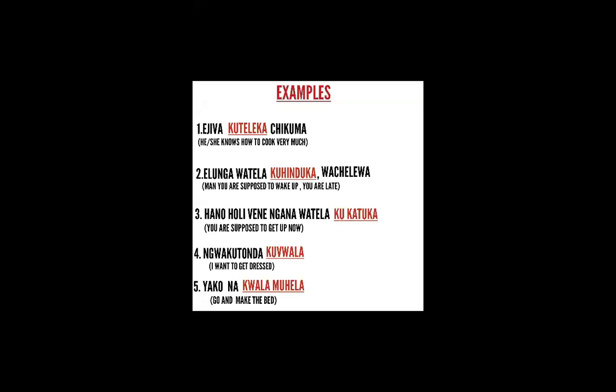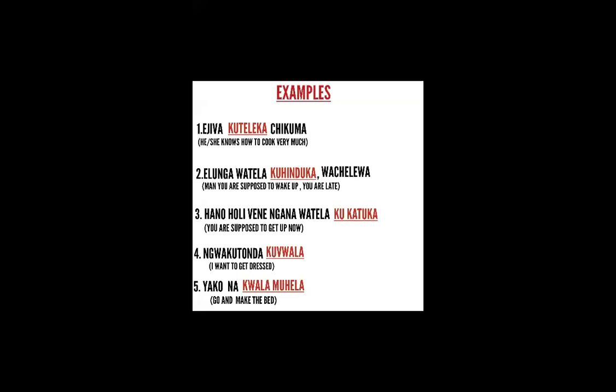So if you want to say this lady or this princess knows how to cook very well, we'll be using kweo, and if we're talking about a gentleman, we'll be using lunga. What can we write about that? And how can we say it? If I'm going to say that to my wife or to any of the princesses that we have in the kingdom.